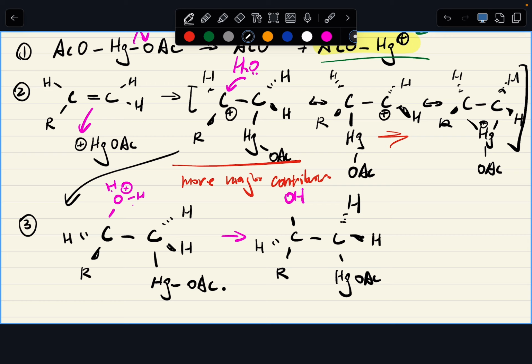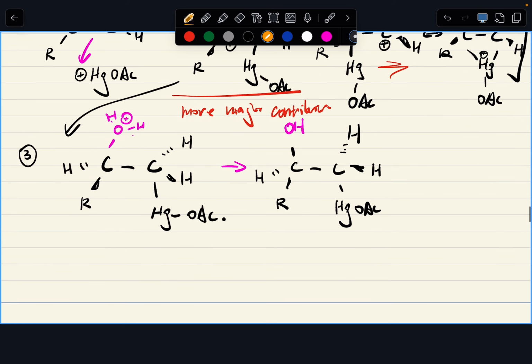And then the last step is the reduction of the HgOAc, which I don't expect you to know. And the result will be that your hydrogen forms at the anti position compared to your OH group.